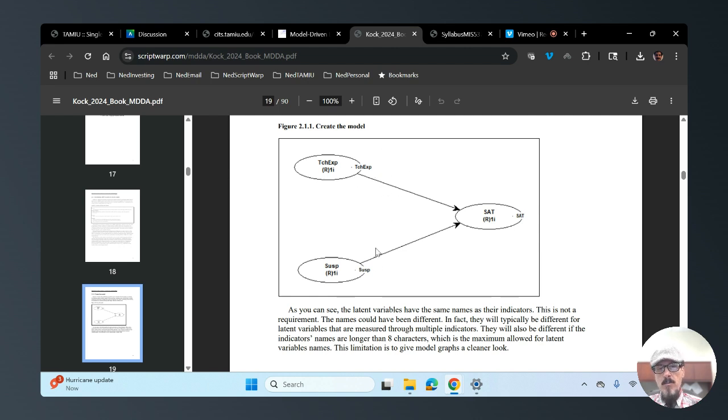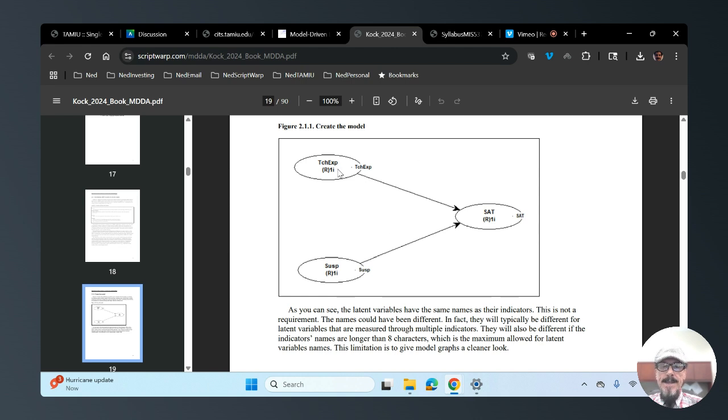Each variable here, also called an indicator, is one column of your numeric data set or your numeric table. We have three columns here that were used in the analysis. This is the name of one of the columns, this is the name of the other column, and this is the name of the third column. So we built a model.